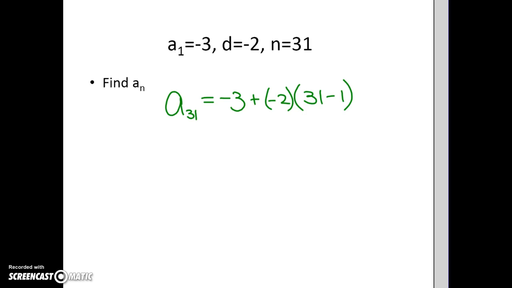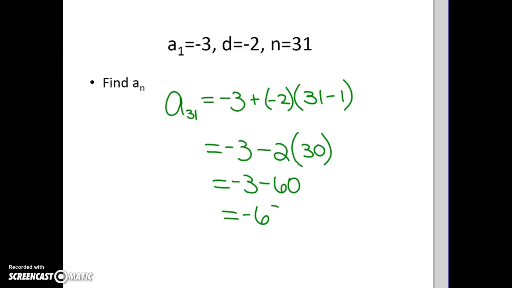Again, I'm not only going to use order of operations to simplify, I'm also going to use my knowledge that when I'm adding a negative number, I'm actually subtracting. So this is equal to negative 3 minus 2 times 30, which equals negative 3 minus 60, which is negative 63.